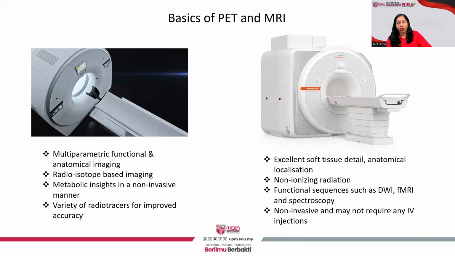It does not involve any ionizing radiation and uses multiple functional sequences, including DWI, functional MRI such as fMRI, and also MR spectroscopy. It is non-invasive imaging, but may sometimes require IV contrast injections.